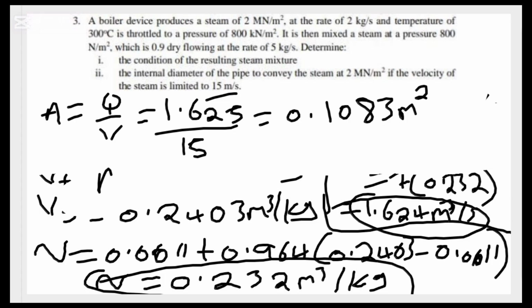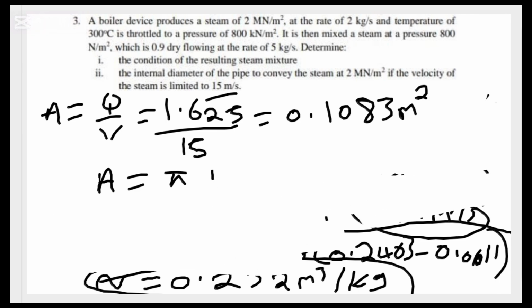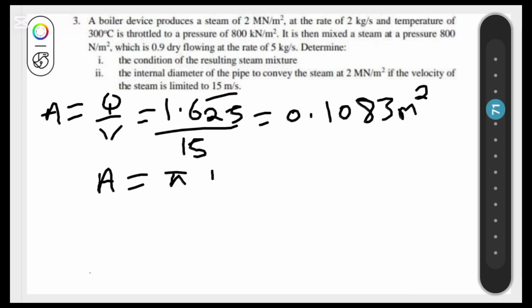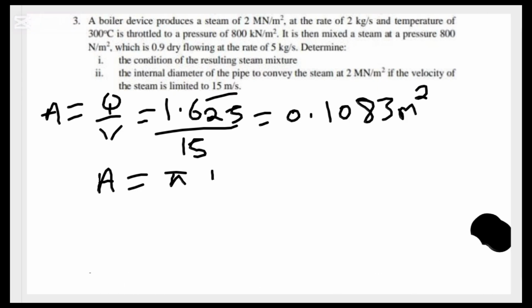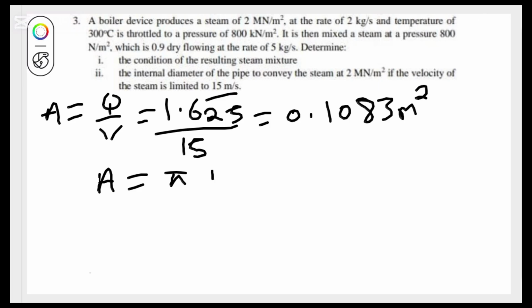And therefore, what should I say? I will say area is the same thing as pi d square over 4.